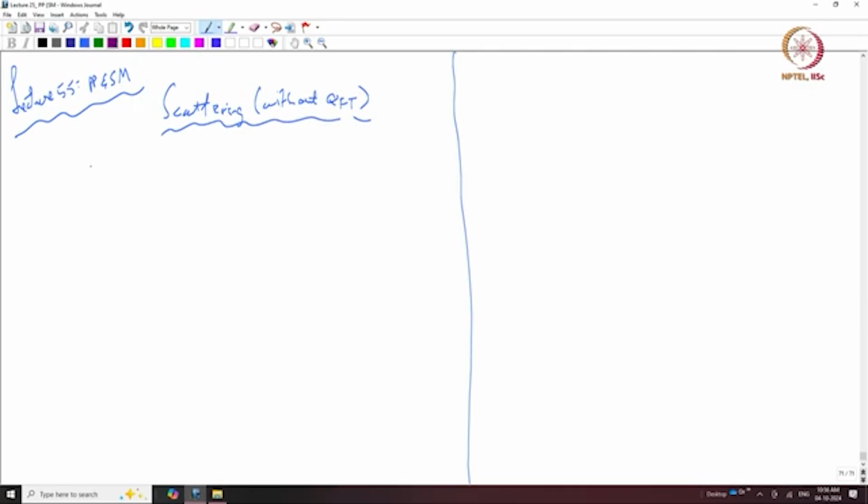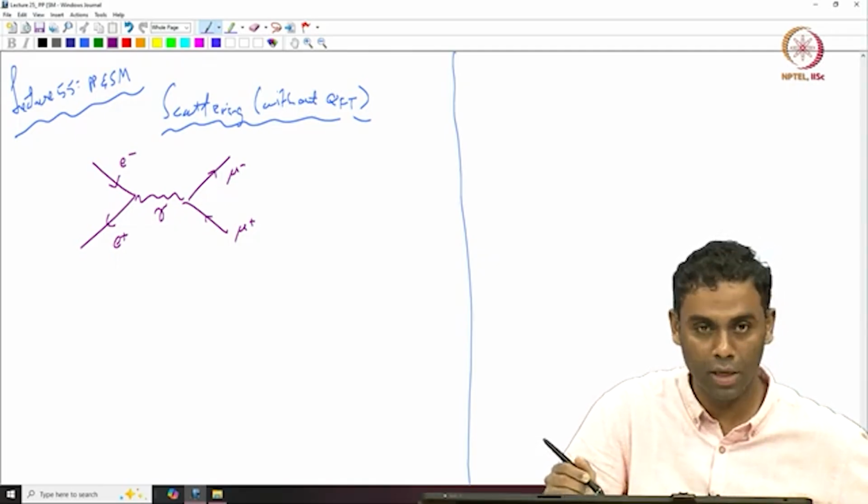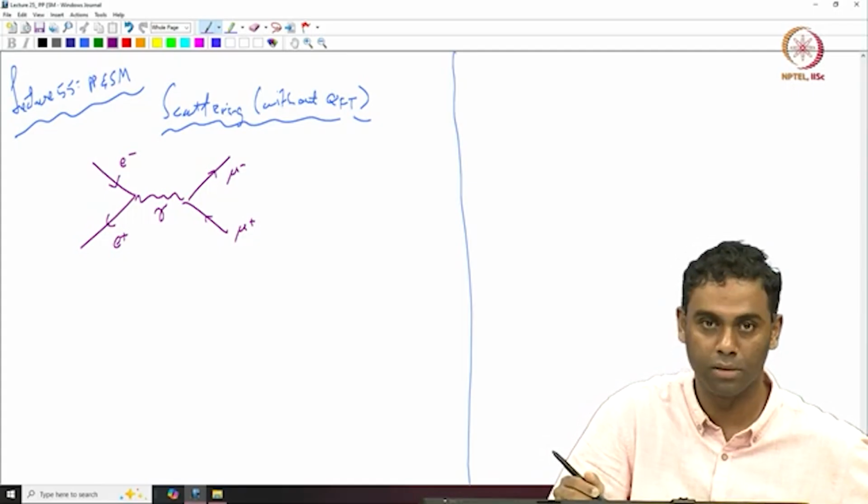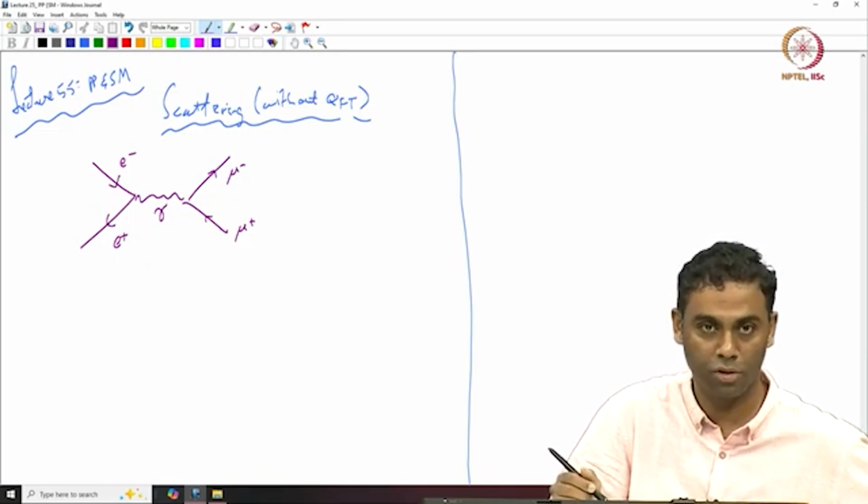And in particular we are seeking to compute the cross section of this process, where the energies of the initial and final states are so large that you can neglect the masses of the electrons and muons. Okay, but also we are considering this process at sufficiently low energies that we don't have to think about the Z boson in this process. Okay, only the photon is doing the mediation. This is a QED process.